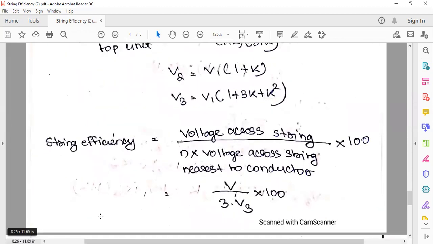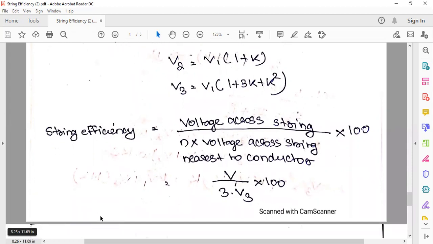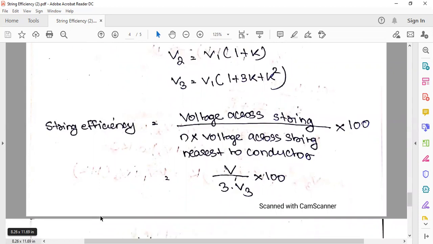So string efficiency. So finally, we are going to calculate the mathematical expression for string efficiency. This also you should not by heart. You should understand. You should just have this figure in your mind. So string efficiency is voltage across a string divided by n into voltage across the string nearest to the conductor.